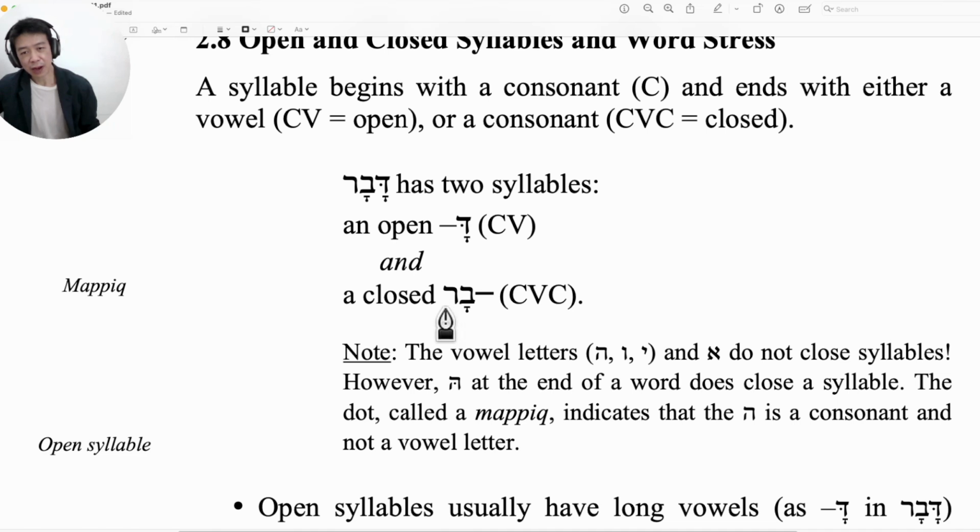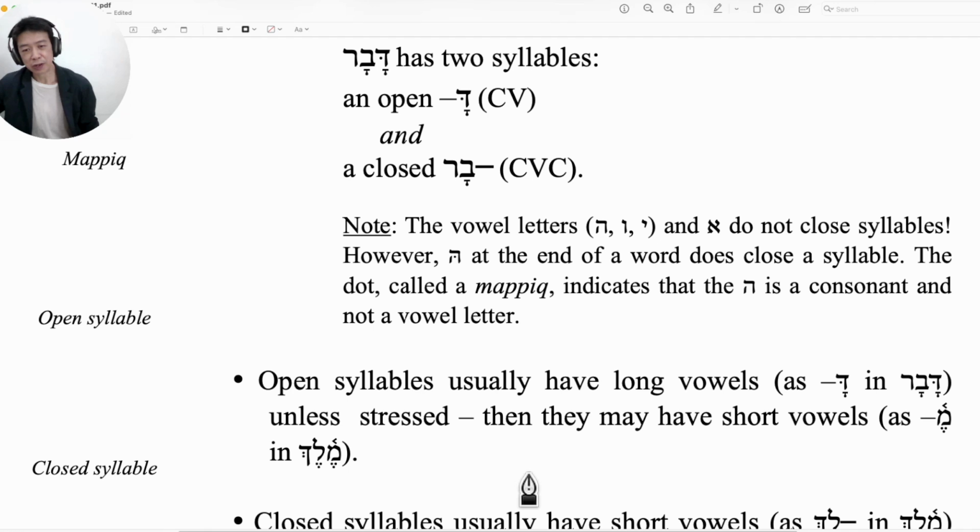The vowel letters vav, yod and aleph do not close syllables. However, a hey with a dot at the end of the word does close the syllable. The dot, mappiq, indicates that the hey is a consonant and not a vowel letter.